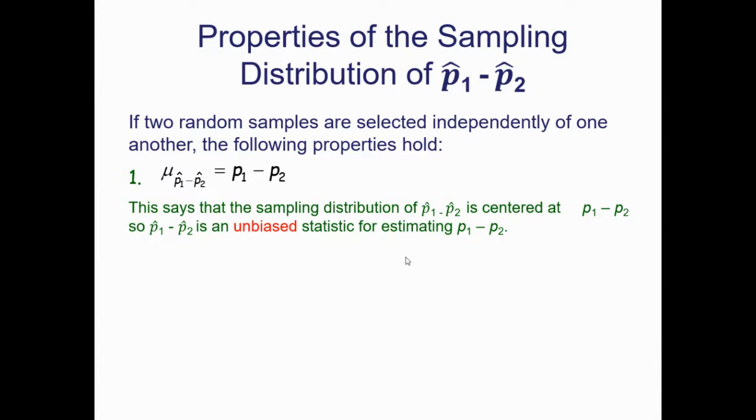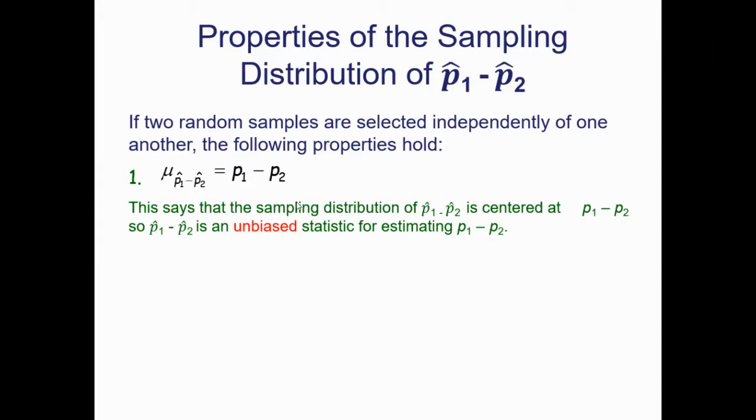If the two random samples are selected independently of one another, then the mean of the sampling differences is equal to P1 minus P2. So the mean of the sampling differences of the proportions is equal to just the difference of the population proportions.